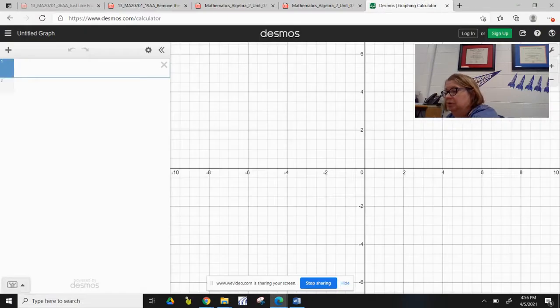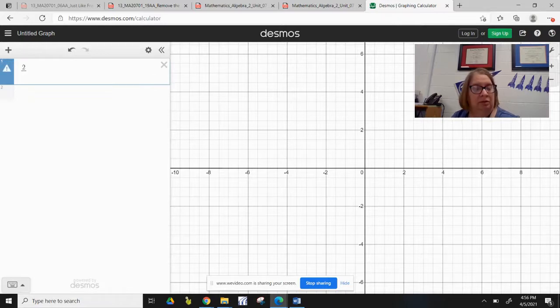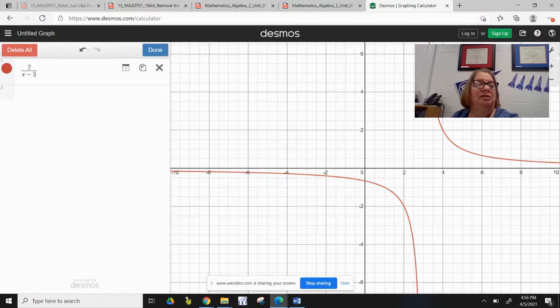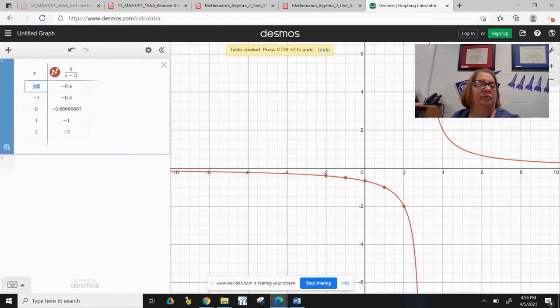Okay, for that one, I just lost my paper. When you type in your equation, like the first one in column A is 2 divided by x minus 3, then you go right here to this little gear and hit the table.